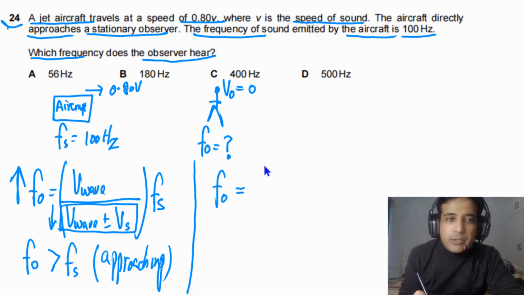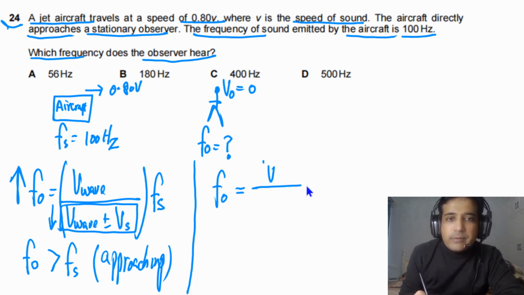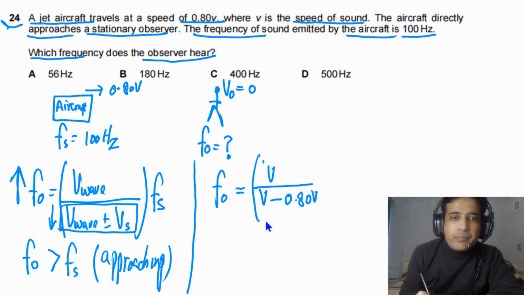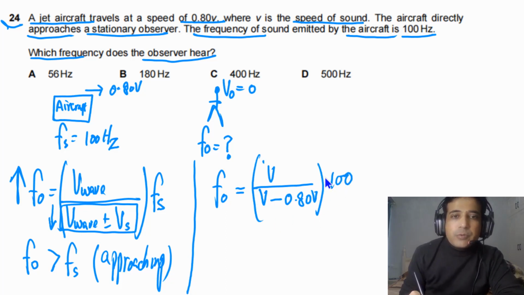Now we can plug in values. We have the speed of the wave, meaning the speed of sound, v, divided by the speed of the wave minus the speed of the source, that is 0.80 times v, multiplied by the frequency of the source, meaning the frequency of sound emitted by the source.